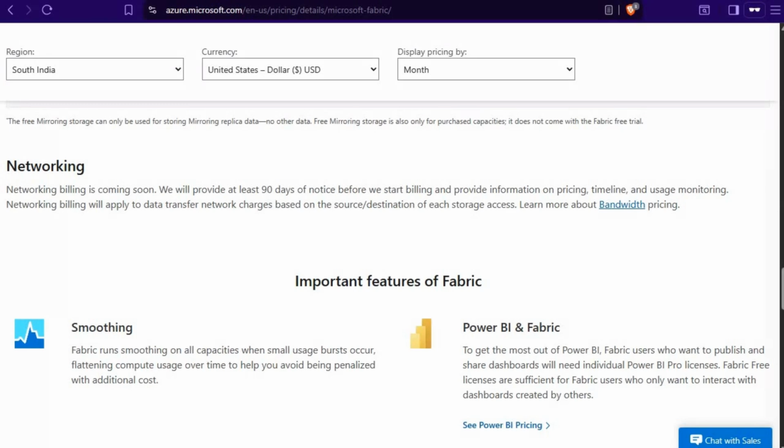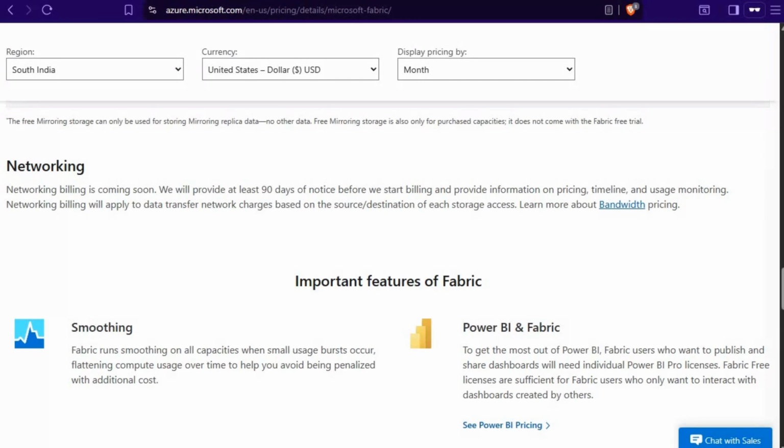The most straightforward way is through the Azure portal. Fabric is an Azure service, so if you have an Azure account, you can go to Azure and provision a Fabric capacity directly. Another way would be through a Microsoft representative or partner. If your organization prefers not to buy directly online, you can purchase Fabric through Microsoft Sales or an Azure partner reseller.